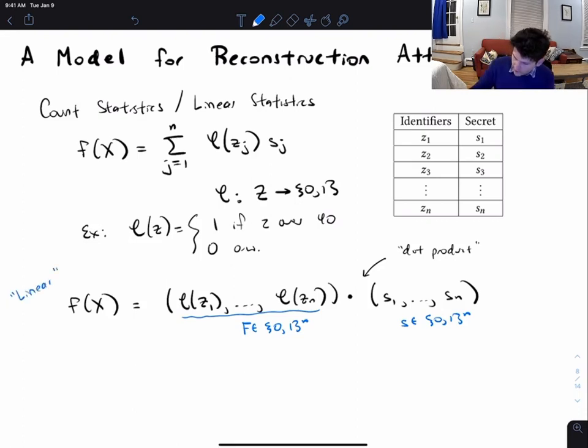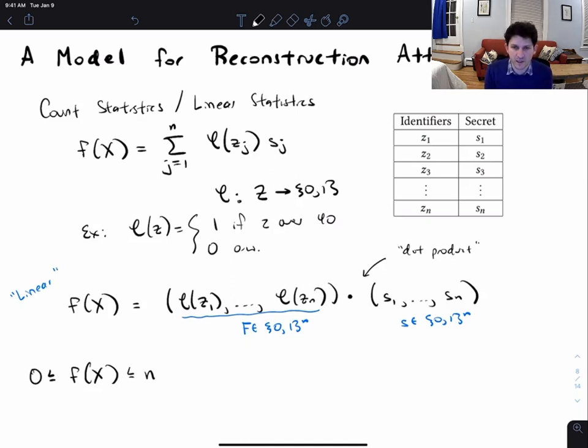Another thing to note about these queries is that the answer is some number between 0 and n. What that means is that if I'm going to get the answer up to some small error, then the error had better be significantly smaller than n, or else it's not really telling me anything. If I tell you that one of these queries is 0 plus or minus n, that's not really giving any information.